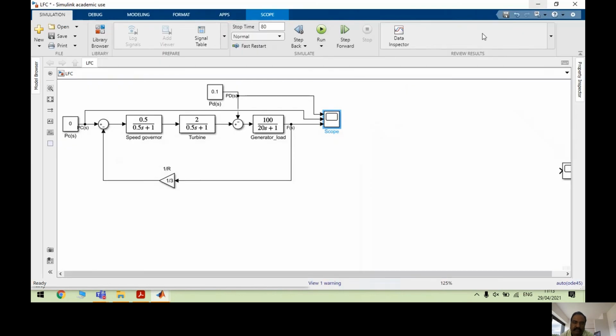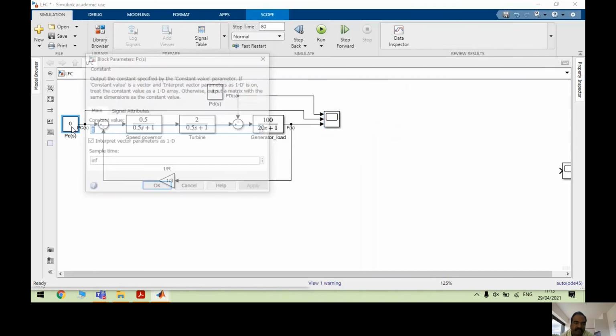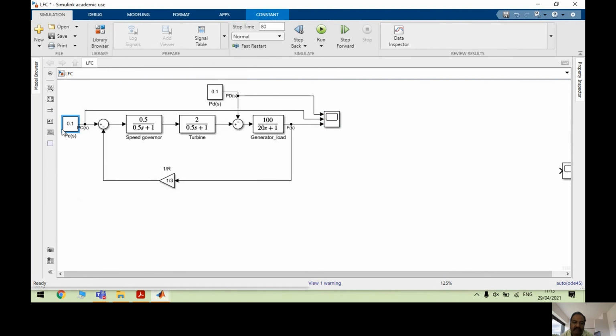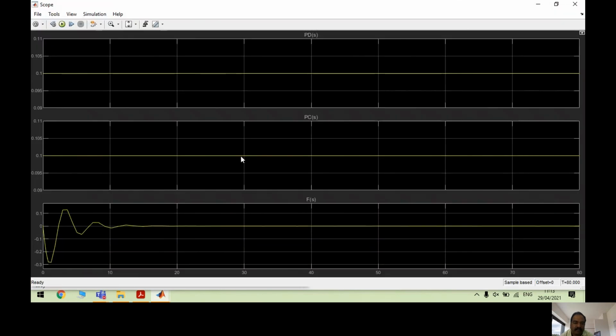So now let's see if I can change the power changer setting. See, I'm going to increase it to 0.1. So for a 10% increase in the load, I'm going to make an approximately 10% increase in the generation by varying the speed changer setting. See now, let's look back at the steady state value. It is 0.